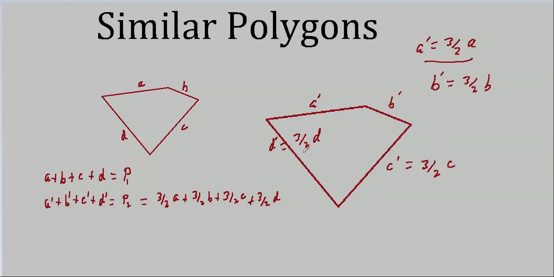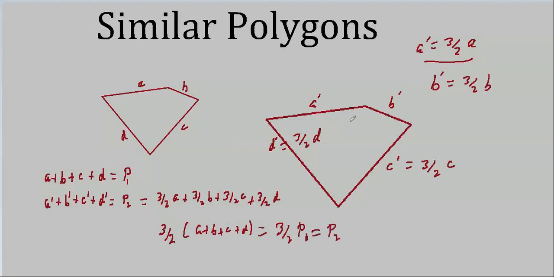So, if we substitute those expressions in here, now we have our distributive law, which allows us to pull the 3/2 out from each expression and write 3/2 times (A plus B plus C plus D). But this here, this is just P1, isn't it? So we have 3/2 P1, and that's what P2 is.